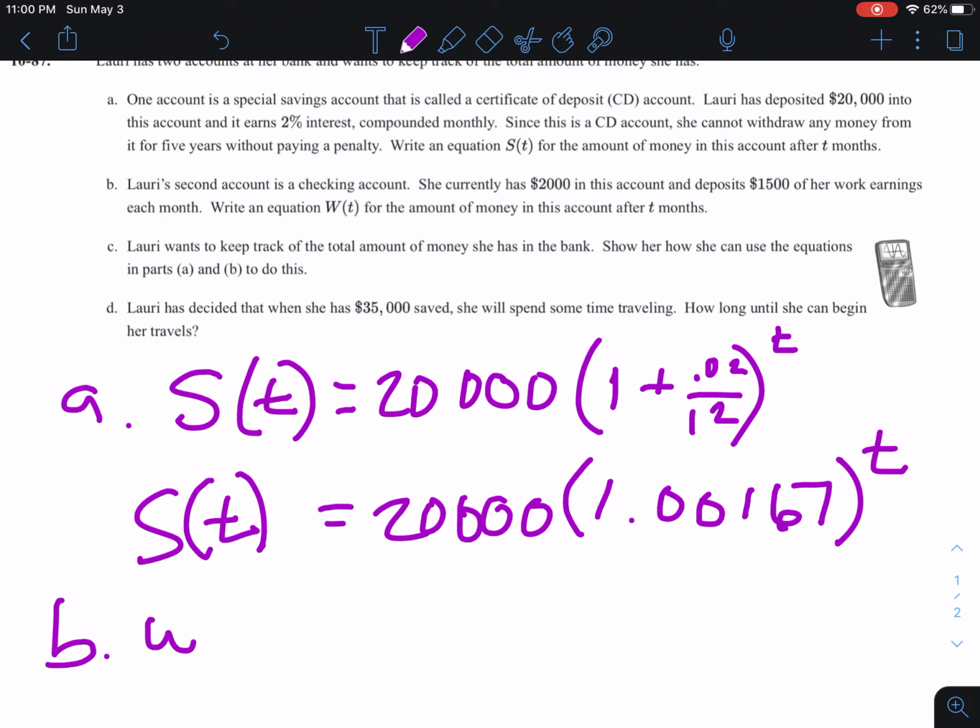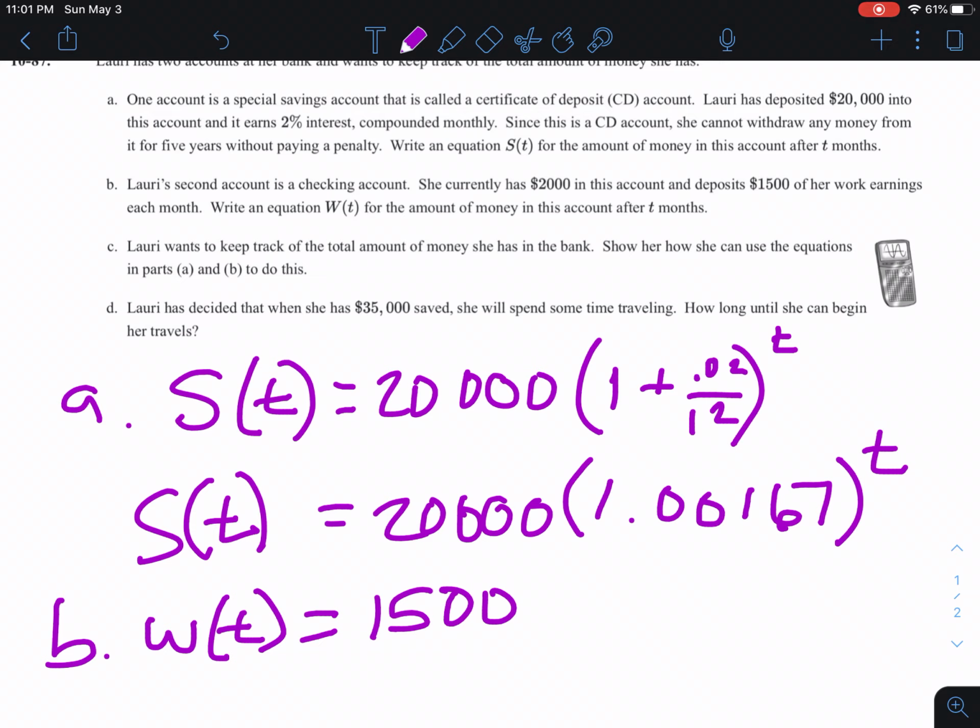So W of t is going to equal... now she has 2,000 and she's adding 1,500 per week. So this part right here is going to be 1,500 per week.